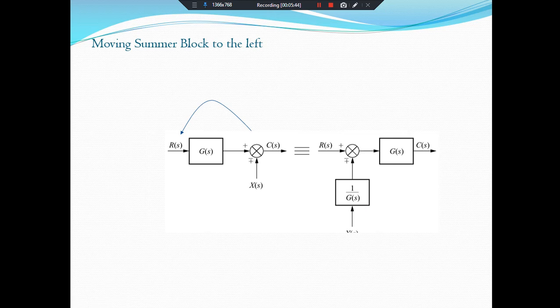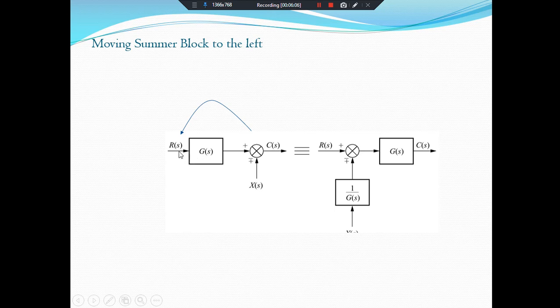In the second case, we move the summing junction to the left of the block. What will happen in this case?